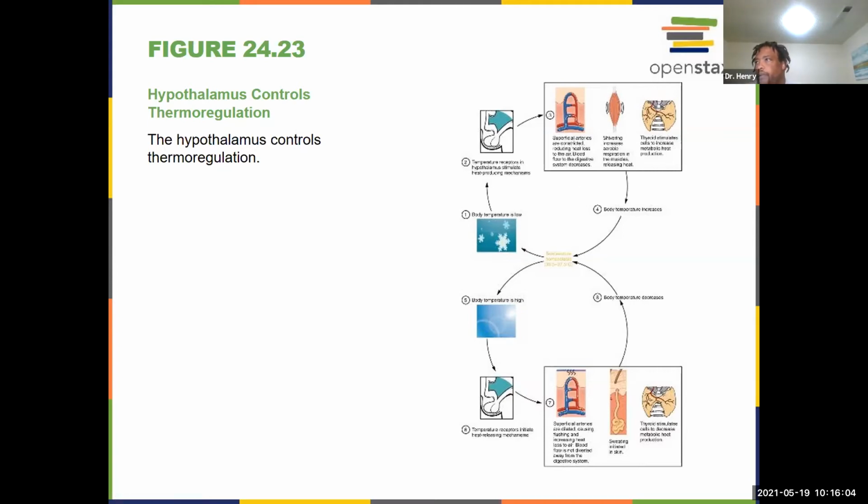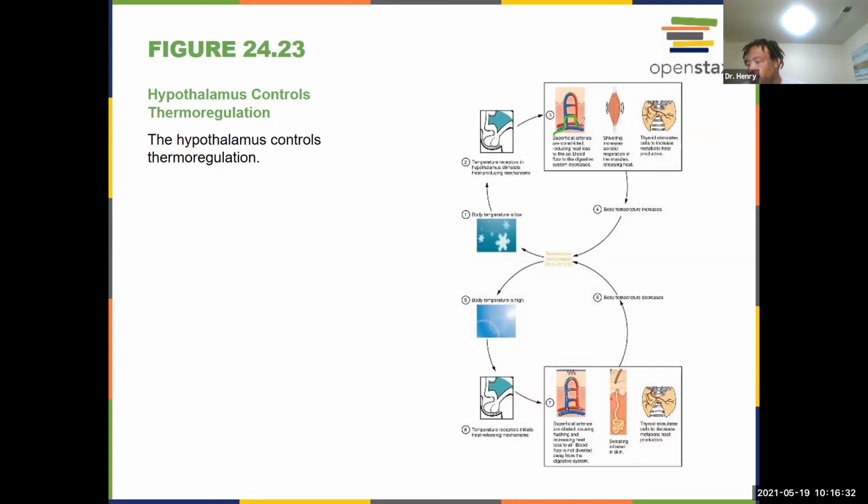So the first thing that happens is that your superficial arteries are going to constrict, and as they constrict, you can't see it here. Let me see if I can trace it to a better view. As they constrict, what's going to happen? You're going to get flow closer internally, right?